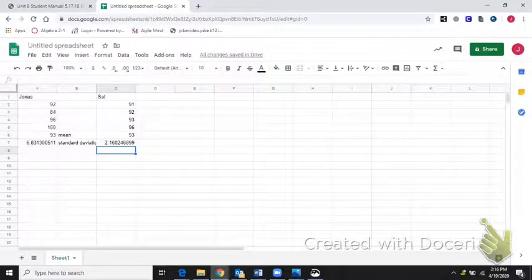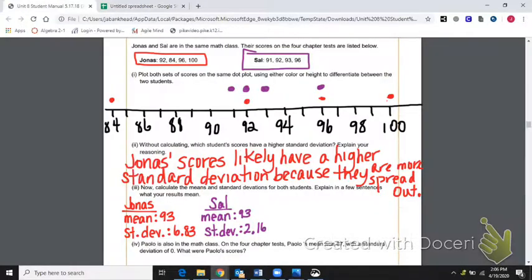And so we want to talk about what that means. Notice the students have the same mean, but their standard deviations are different. If we take a look at Jonas's scores, they're not really all that close together. He has some very different scores with each test, but with Sal, most of his scores are very close together. He's much more consistent in the way that he scores.